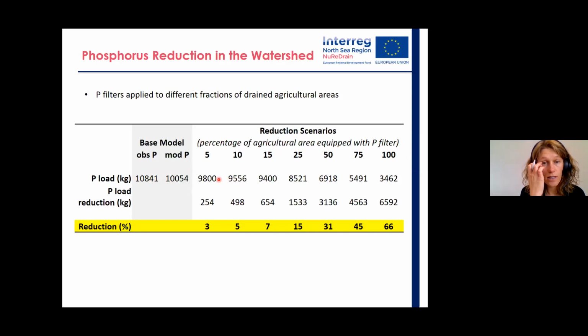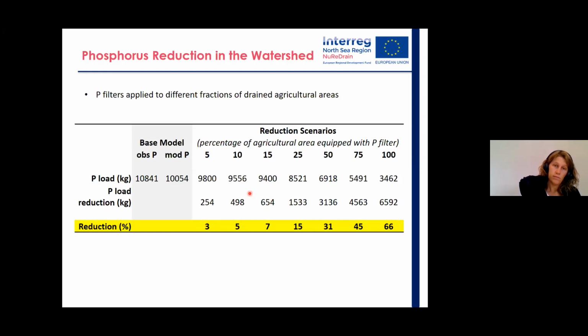Between the scenarios, we have a wide range of P reduction potential from 250 kilograms to approximately 6,500 kilograms of P reduction, which equals a reduction of 3% in the lowest scenario to 66% in the 100% scenario.